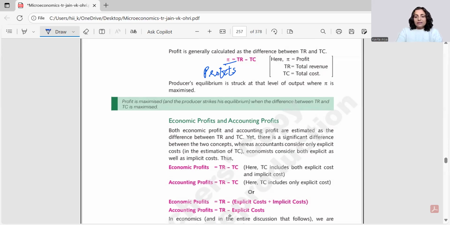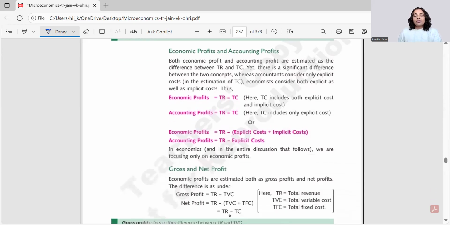Here comes the tussle between the concept of economics and accountancy, as we did discuss the same in the chapter of costs. That while we are talking about economics, economics says both explicit as well as implicit costs are a part of cost. What is implicit cost? We have already read, the cost associated with the resources of the owner.